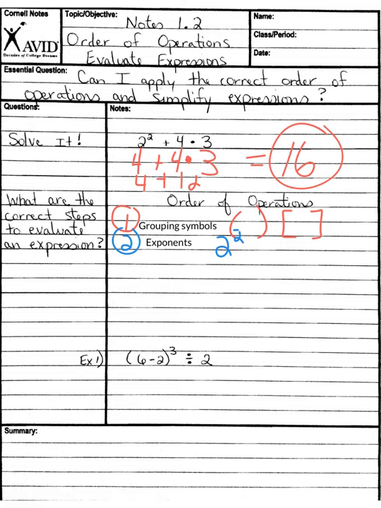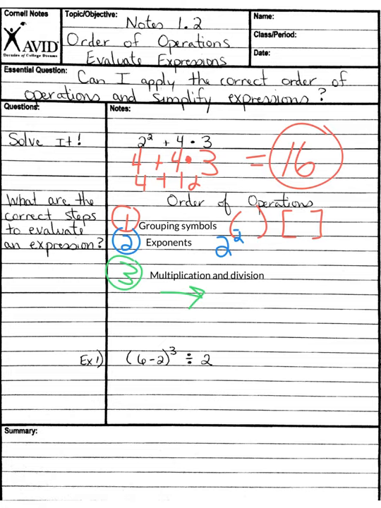And the third step is going to be that we take care of multiplication and division. And we always want to make sure that we take care of this from left to right. So whichever comes first, left to right. So if multiplication comes before division, left to right, that's what you do.